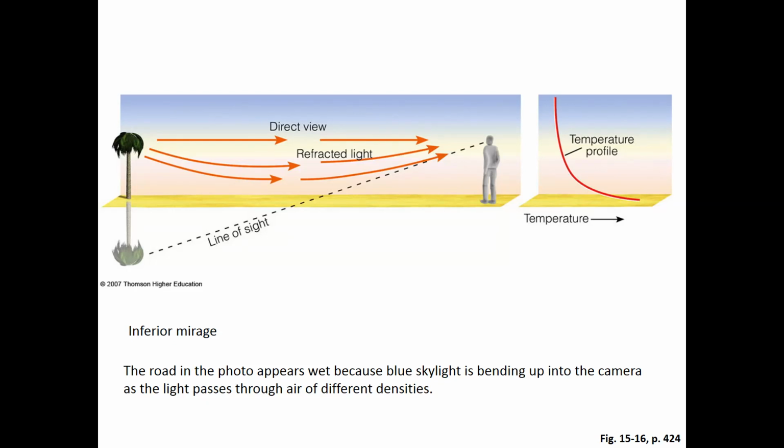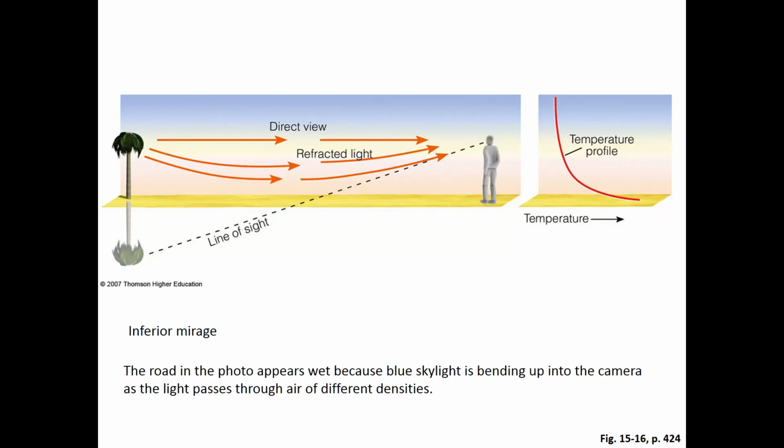Well, this also means that the air right near the ground is really, really hot. But because air is a poor conductor, the air a few feet above the ground isn't nearly as hot. And so you get a setup where the air near the ground is really hot, whereas the air slightly above the ground is not as hot.